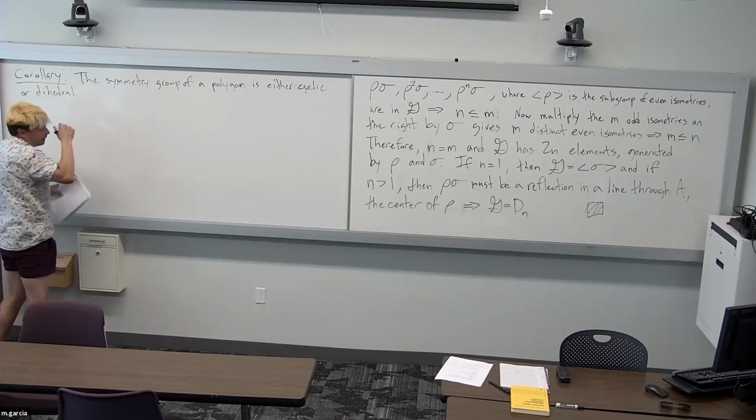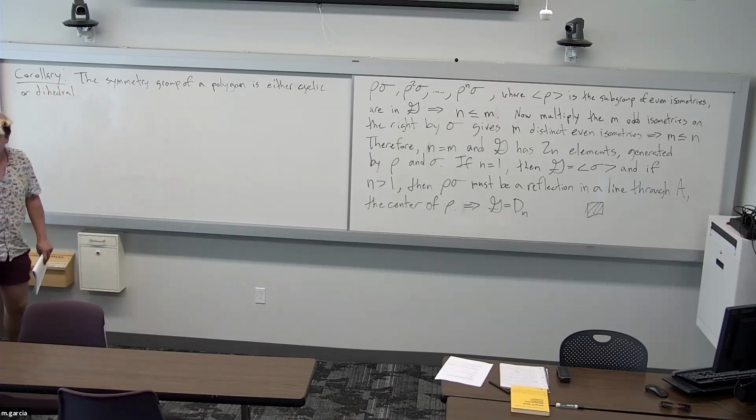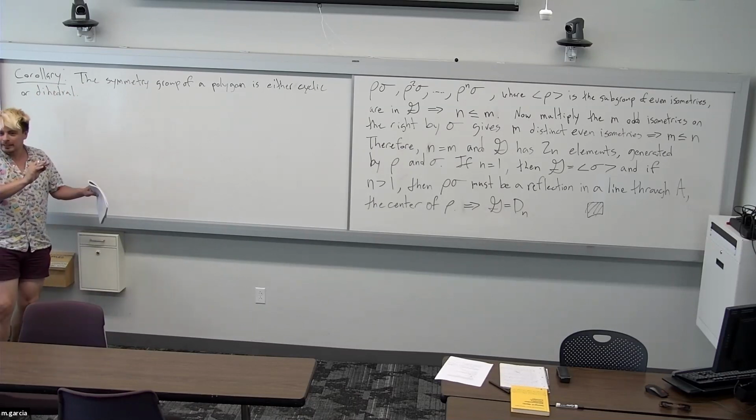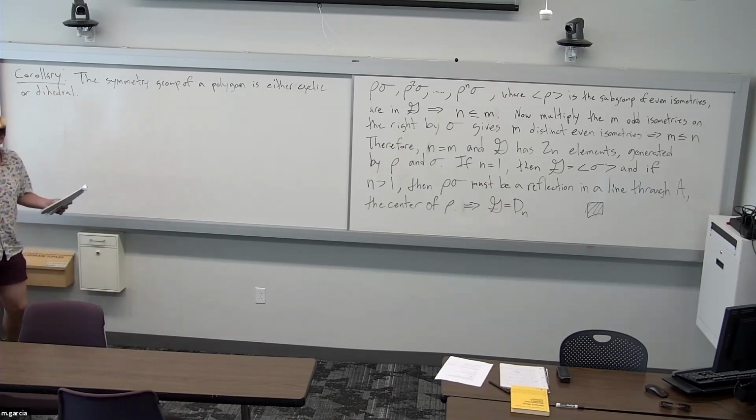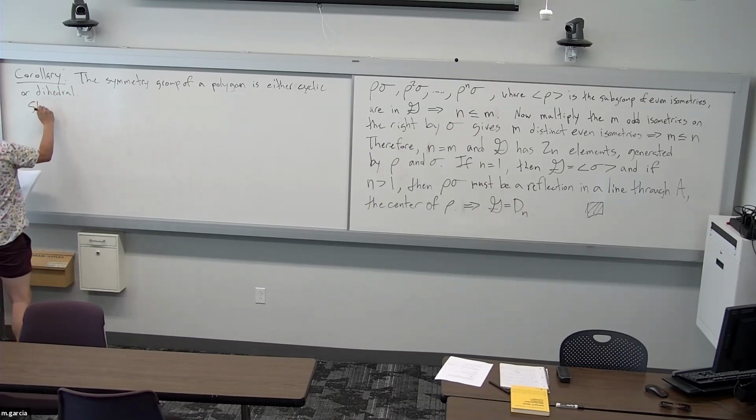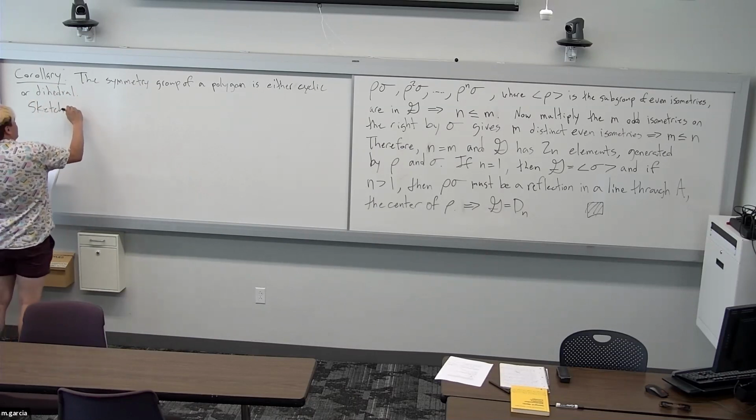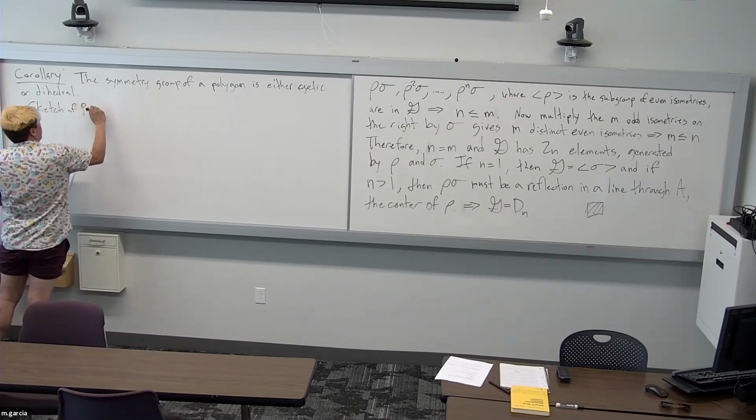Right, and let's just say a quick justification of why that is. It has to be finite. We already did it for the case of a square. Let's just say it in general here. Okay, so I'll just say sketch of proof.